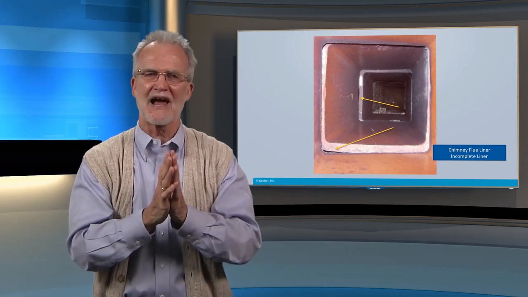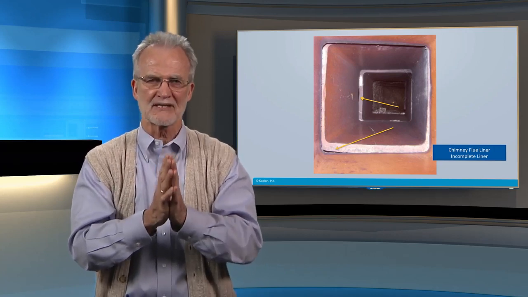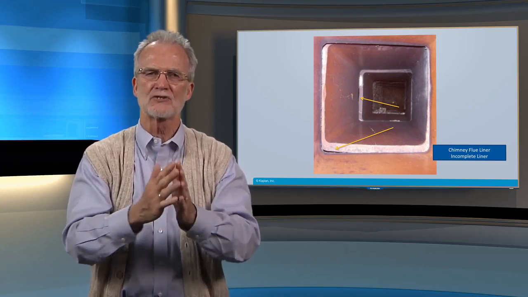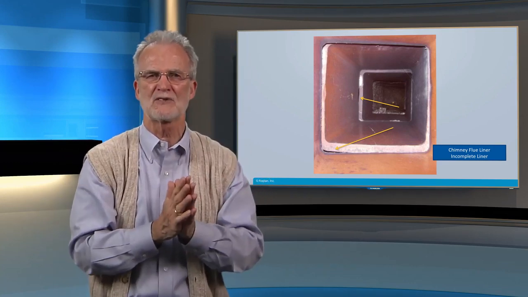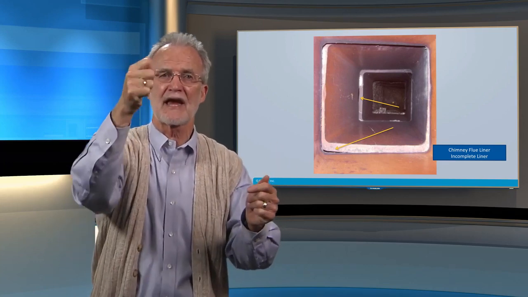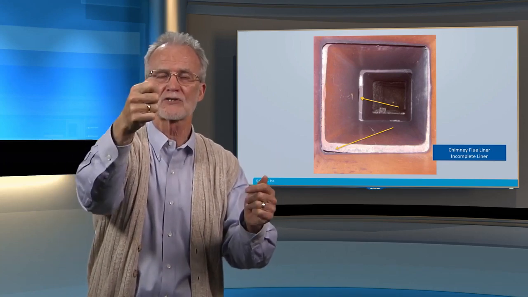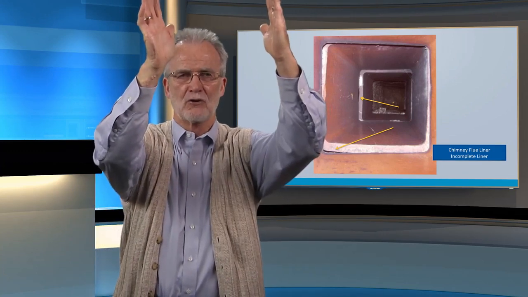Once you're done outside, eventually you're going to go to the room that has that fireplace in it. What you want to do is look up from the bottom, just like you did from the top. And what you're doing is looking at the condition of the damper, making sure it works, and then the condition of the smoke shelf and the flue.